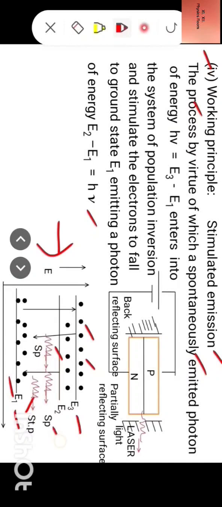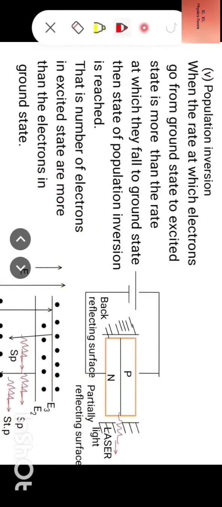So this is a photon of energy which is due to spontaneous emission, and this is a photon of energy which is due to stimulated emission. Okay, and the two are in phase. This is how it constitutes the principle of working of a laser diode.